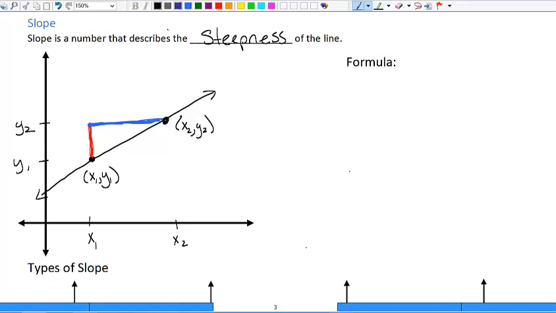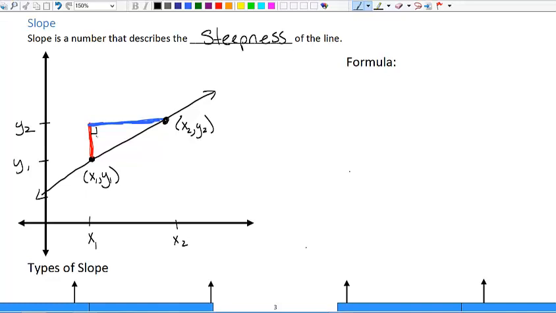If this is a mountain side or a hillside and I'm at point x1, y1 and I need to get to point x2, y2, I need to raise myself the red unit, the red distance, and move myself the blue distance. And obviously when you're walking up a hill you go both at the same time, go over a little bit and up a little bit. But if we're just looking at the horizontal and the vertical components, it creates this little right triangle here.